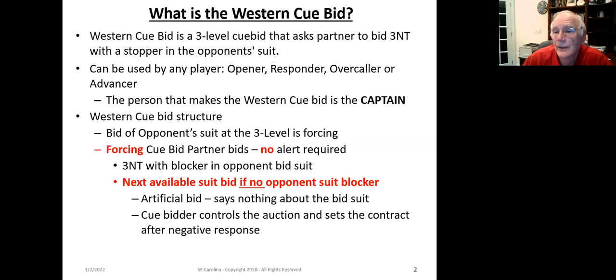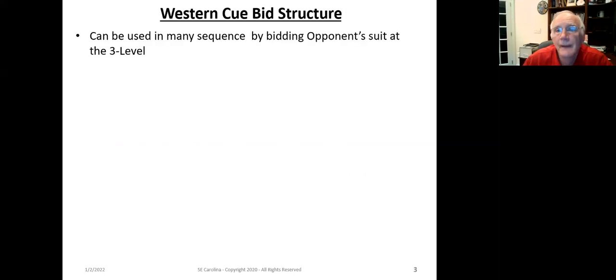It is an alertable bid. By bidding the lowest available suit bid, it gives the cuebidder the greatest amount of space and freedom to set the contract. Remember, the Western cuebid can really be used by any person in the bidding, but it's sequence dependent.